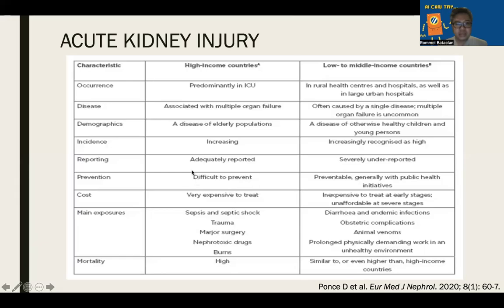Still, it's difficult to prevent because the problem in the developed countries is that they are mostly elderly people. But for the low to middle income countries, what is so depressing is that these AKI cases that we encounter are preventable cases. It just needs public health initiatives. For example, the leptospirosis that I mentioned, that could have been prevented.